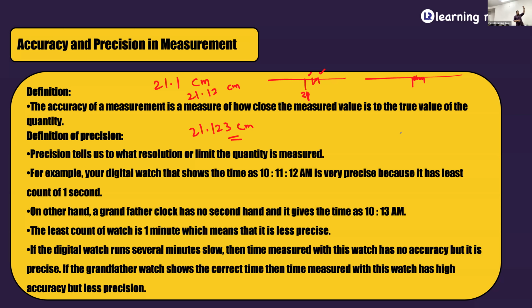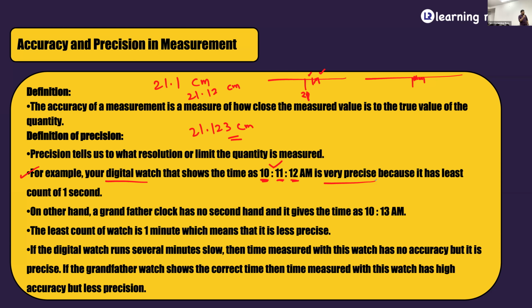Okay, so here they have given an example. Take the digital watch. When you look at it, what values can it tell us? It can give us seconds. If you want to be more precise, it can give you the millisecond also. So this kind of device is very precise, because it is not stopping with minutes, it is giving me seconds also.